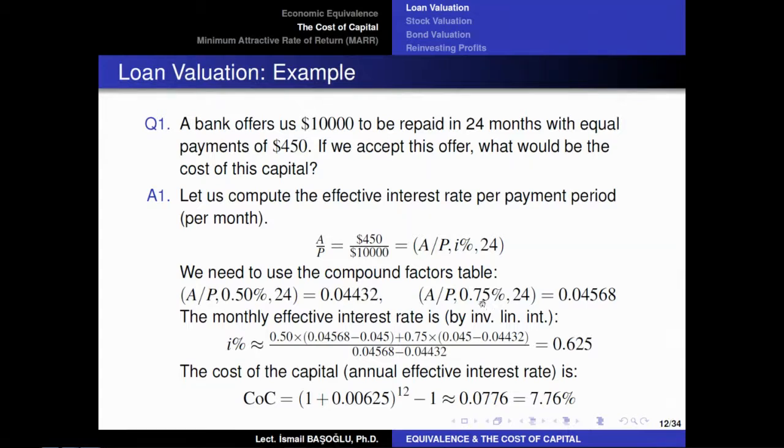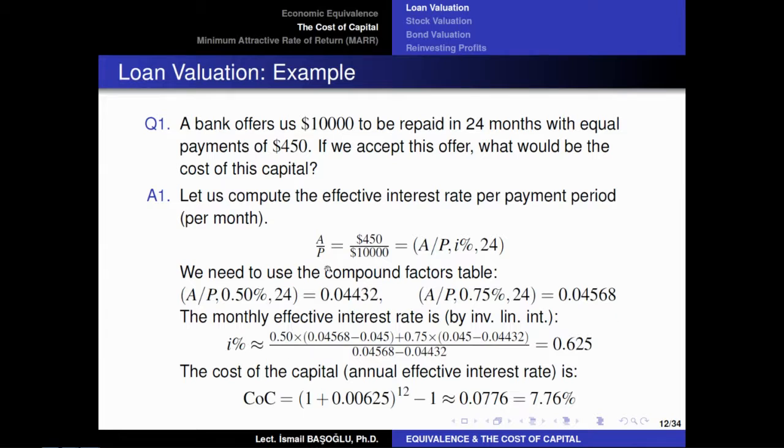This means the monthly effective interest rate that corresponds to this equivalence is just between 0.50 and 0.75%. So we are just going to apply a linear interpolation between these two values to identify the monthly interest rate. If you are careful, you can easily realize that 0.045 is just in the middle of these two values. You see there is 0.00068 units of difference between this value and 0.045, and between 0.045 and this value, again, we have the same distance.